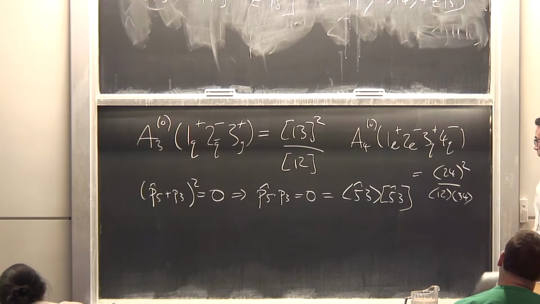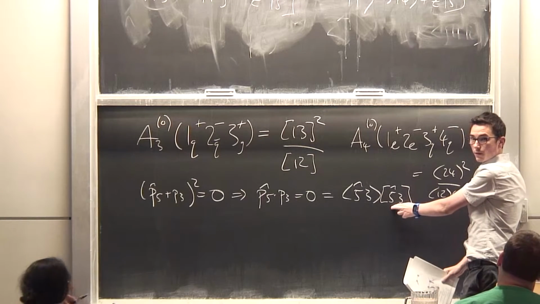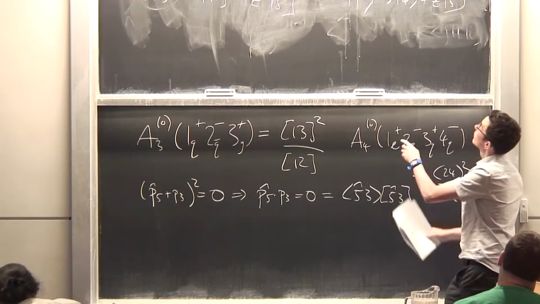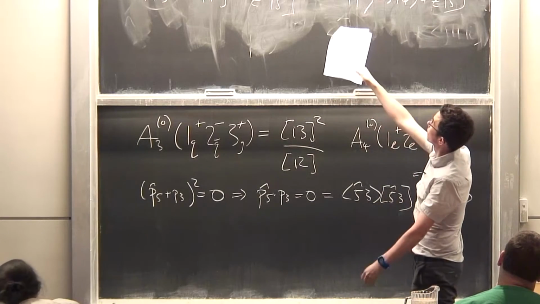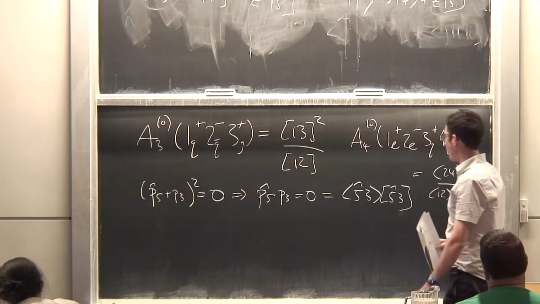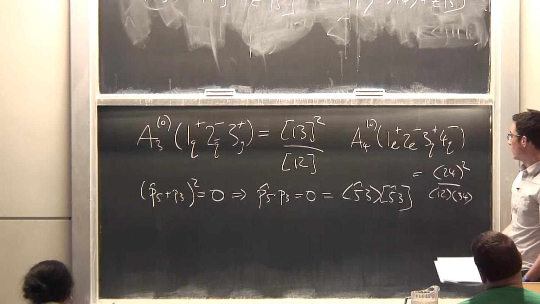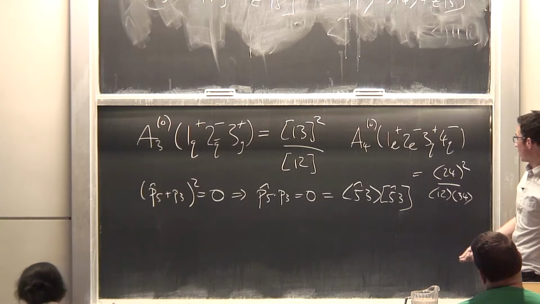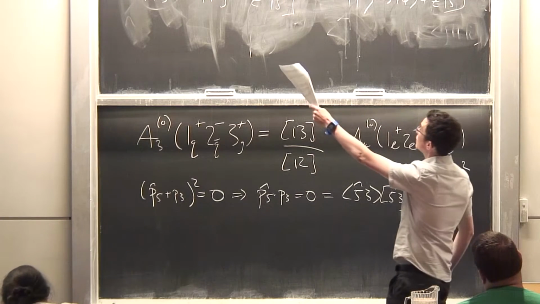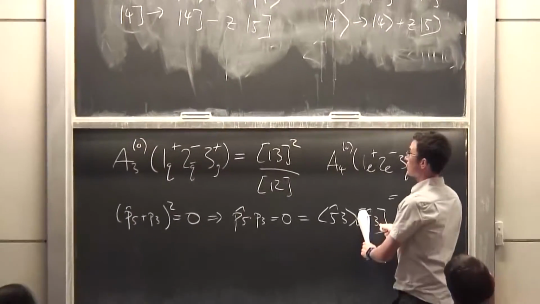So when I choose my shift, one of these is going to be left alone, and one of them is going to shift to have this dependence, depending whether I choose that one or this one. Now that means that if I'm not careful, I can run into problems, because if I choose this shift here, then I get that this thing has to equal 0.